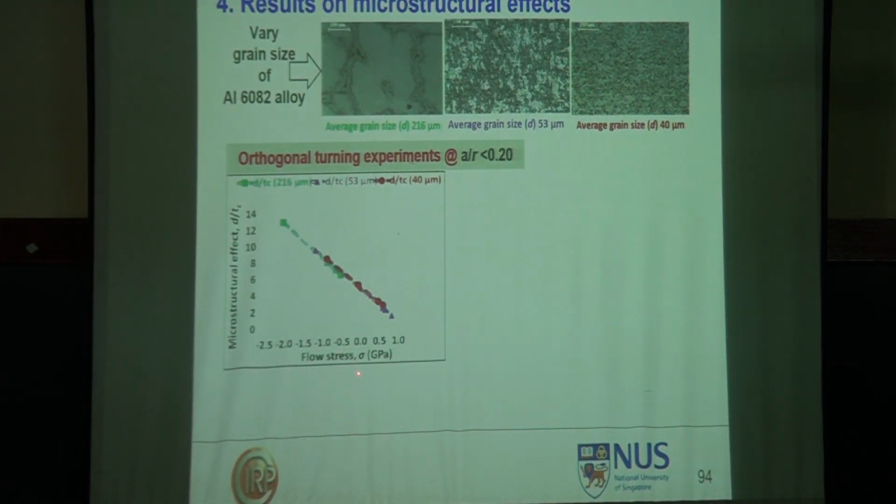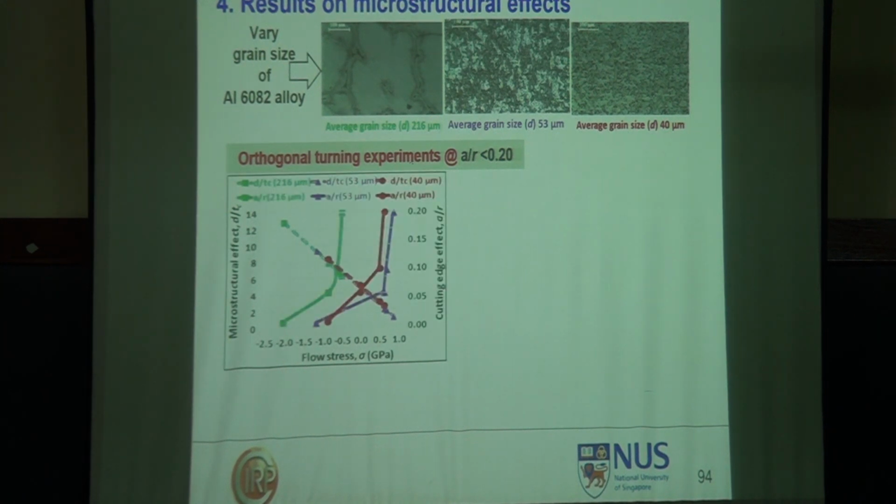and flow stress analysis. When we analyze the flow stress, we found a straight curve for all the materials. But when we brought in the cutting edge effect, you see flow stress 0. When the flow stress is 0, beyond this point, tensile stress is taking place.